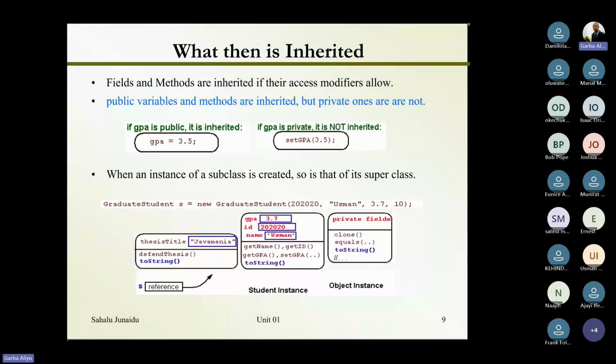We say get ID, it will come here and get this ID and return. Get GPA will come here and get the GPA and return. That's all. So it is a combination of this. Instead of having system.out lines for get name, get ID, get GPA, set GPA, we have it all in a single toString method that will return the string representation of this object.